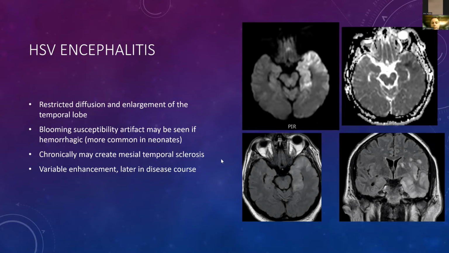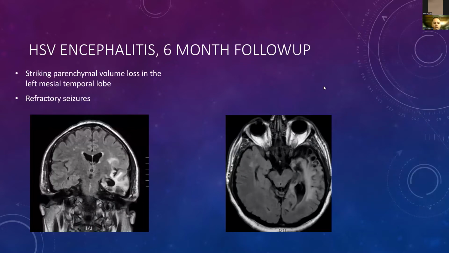It may have some variable level of enhancement, but that tends to happen later in the disease course. And of note, for those of you who have worked in ICUs, the value of having this entity in your differential is that it's very treatable. Acyclovir can be started and arrest this progression, which you will see.